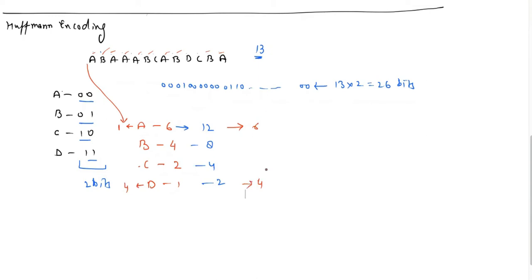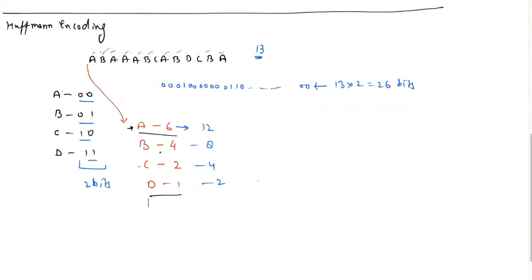So we are able to reduce the total number of bits that we are using to represent the file. A is the most frequent character, coming 6 times, and D is the least frequent character, coming only once. If we are providing same length code to both A and D, then representation of A will consume more space in the file.